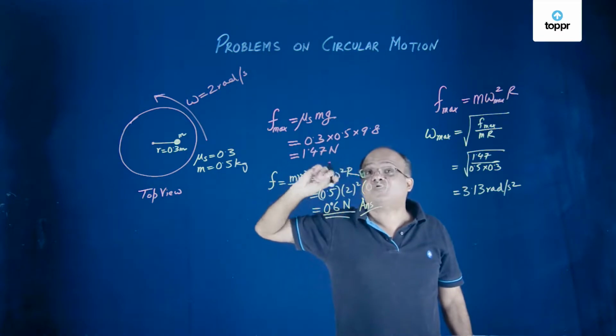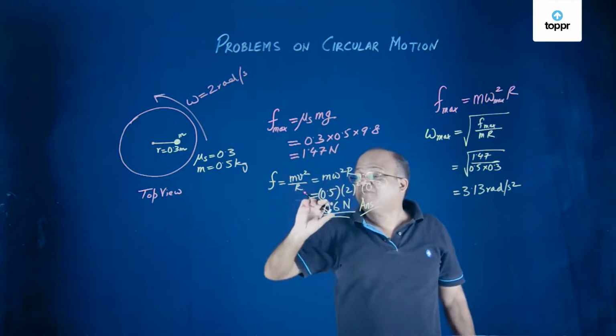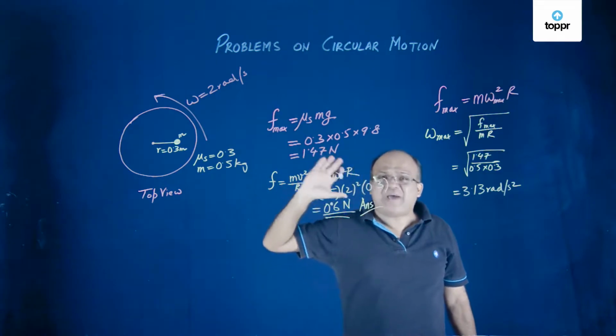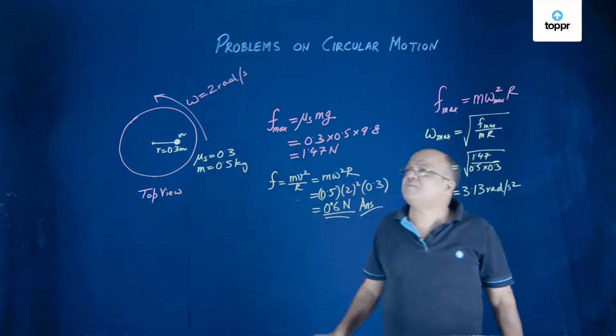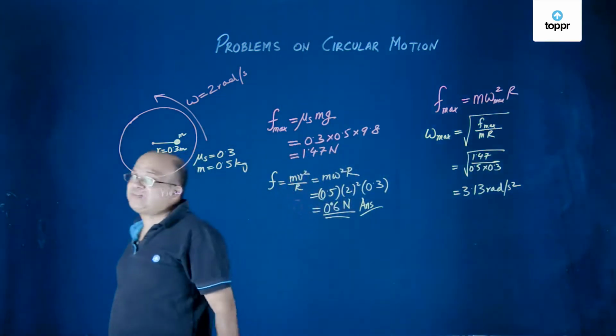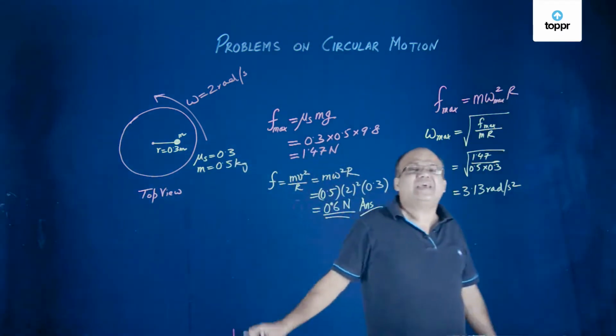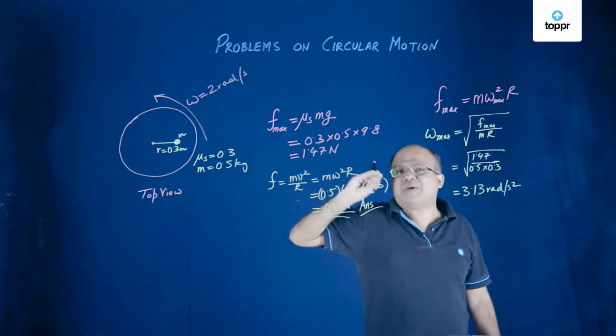So F is equal to m omega square r, and from there we got the answer 0.6 Newton. The maximum friction we found was more than that, and that was mu s mg, which was 1.47 Newton.